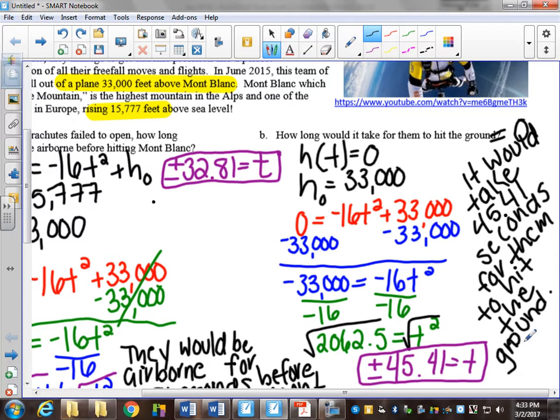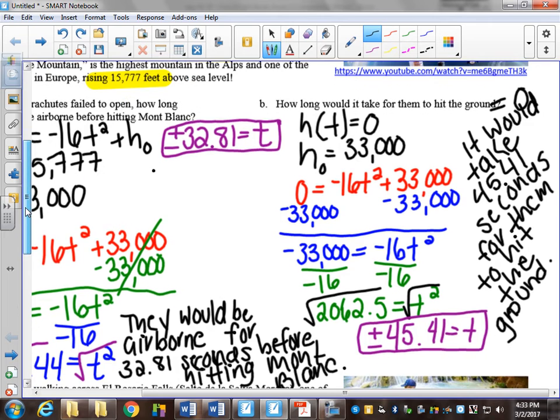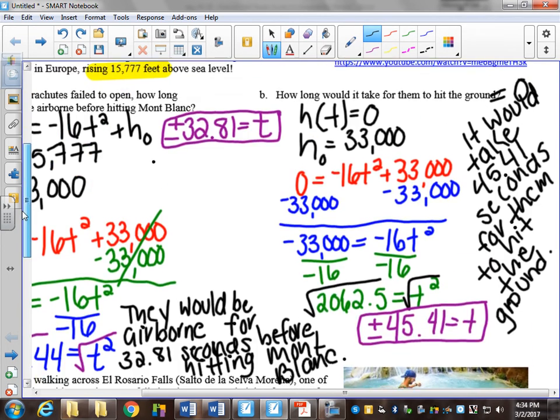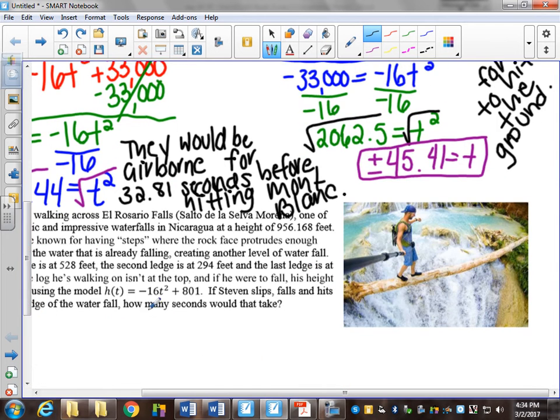Sorry, it's a little slanted. It would take 45.41 seconds for them to hit the ground. Okay, let's look at our next problem.